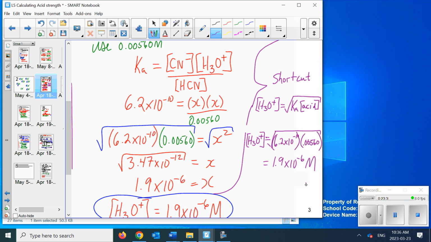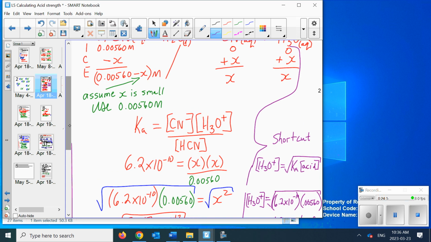Okay. You see what the shortcut does for you? It eliminates the use of an ICE chart, and makes use of that assumption that X is really small. If we look back at this X, did our assumption hold? 1.9 times 10 to the minus 6.